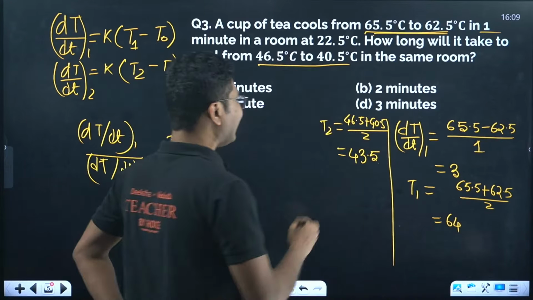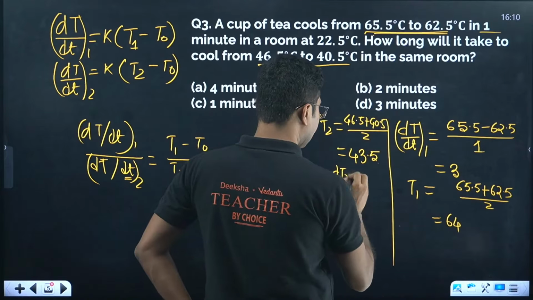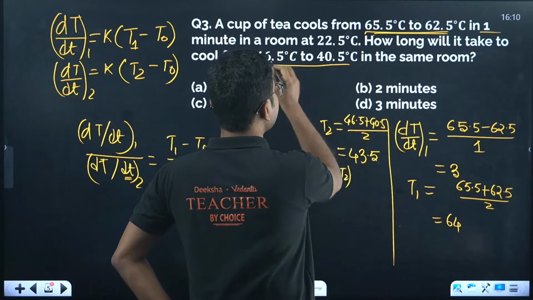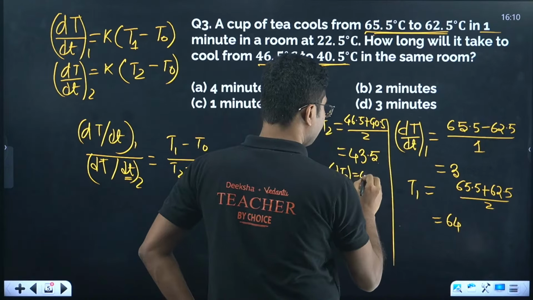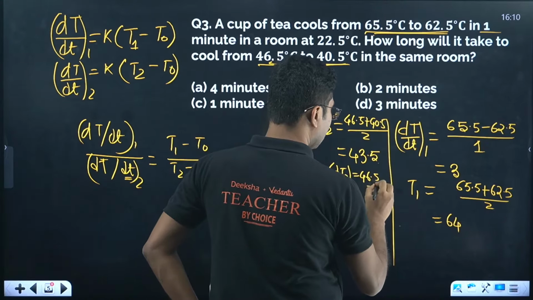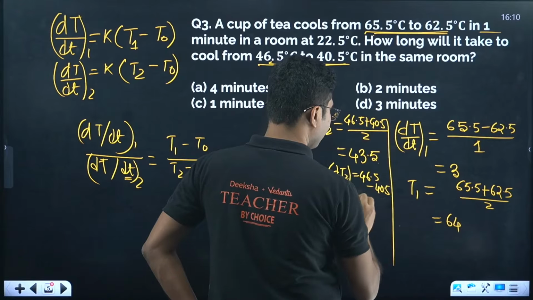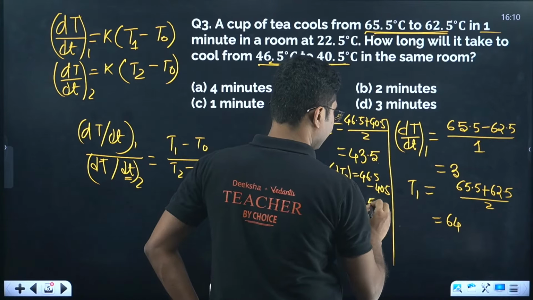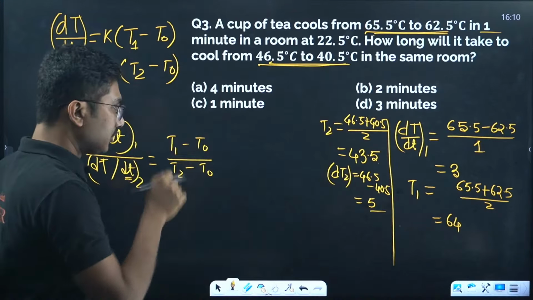Now what about dθ2, the change in temperature? The change in temperature is simply 46.5 minus 40.5, which is equal to 6 degrees.